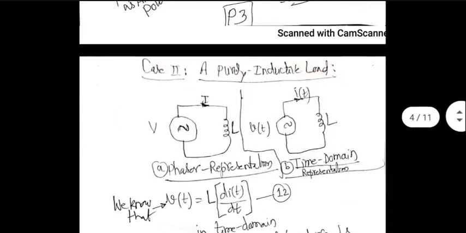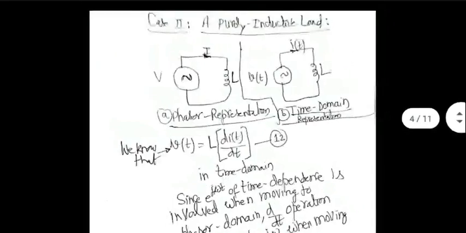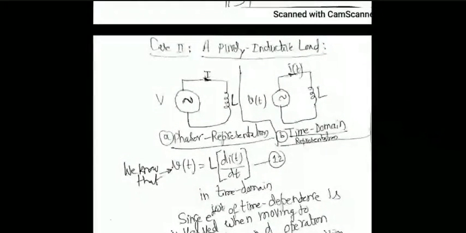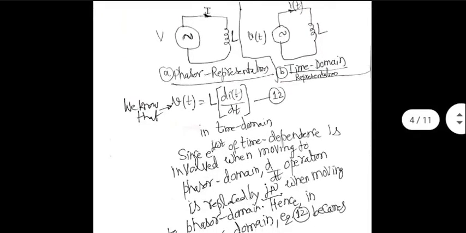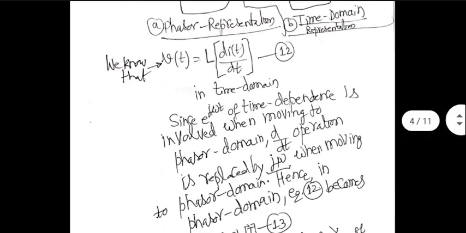Now, slightly more interesting cases. Purely inductive load in frequency domain. The time domain formula is well known to you. In frequency domain, because e to the power j omega t type of time dependence is assumed, d by dt is replaced by j omega.